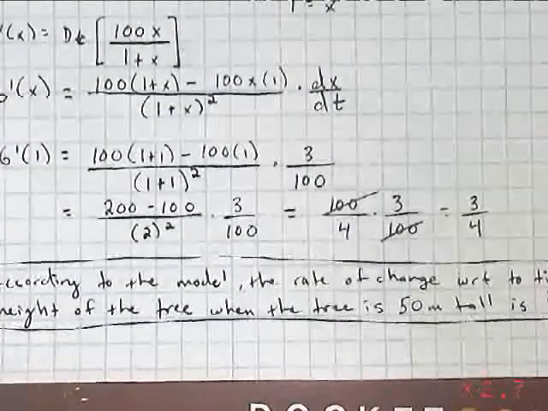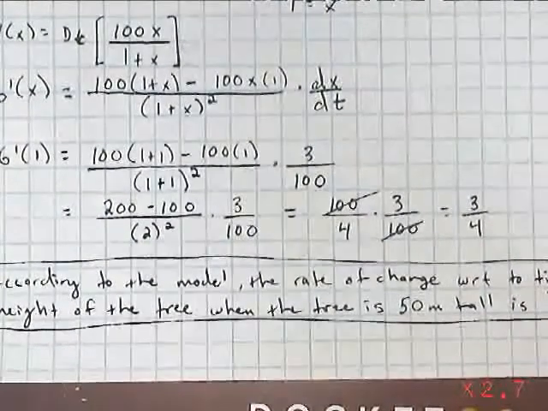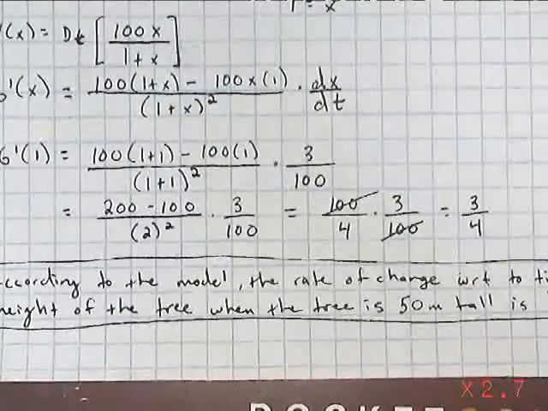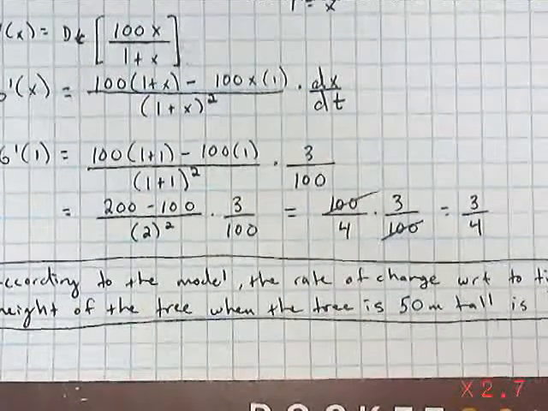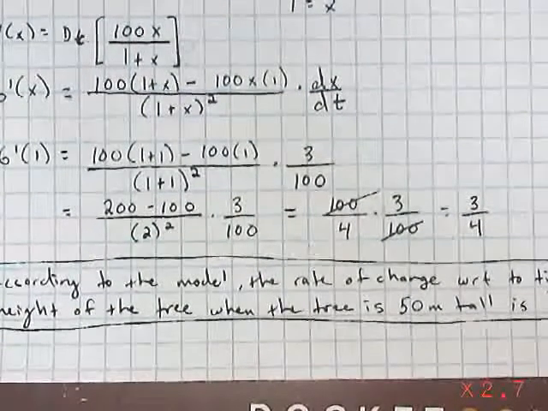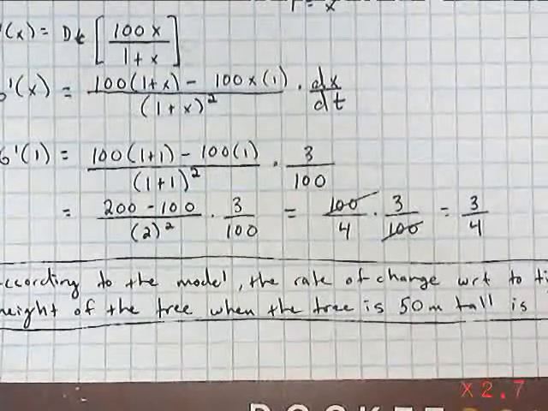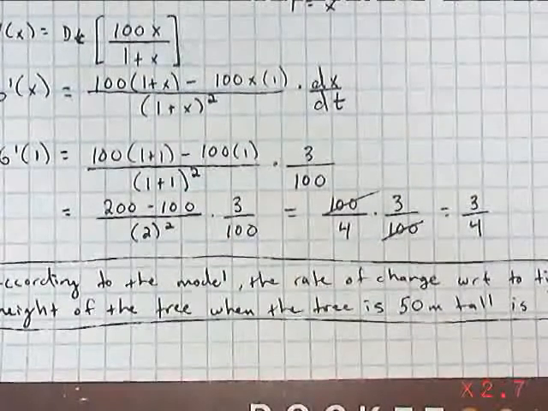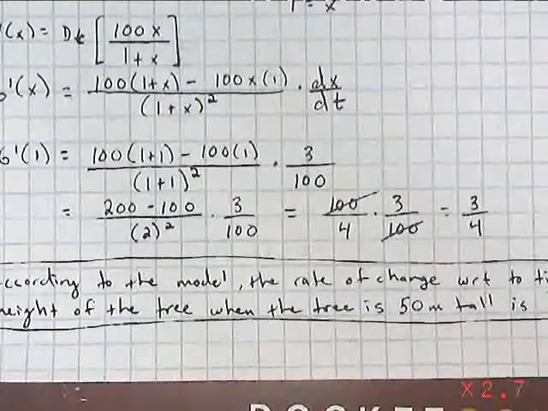Points-wise, this was an all-or-nothing 2-pointer on the derivative of g of x, which if you didn't have the chain rule, you didn't get any of those points. So without the chain rule, you got nothing there.